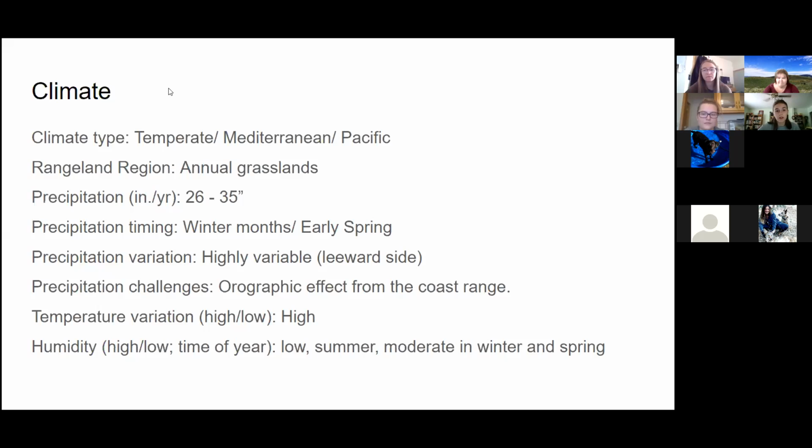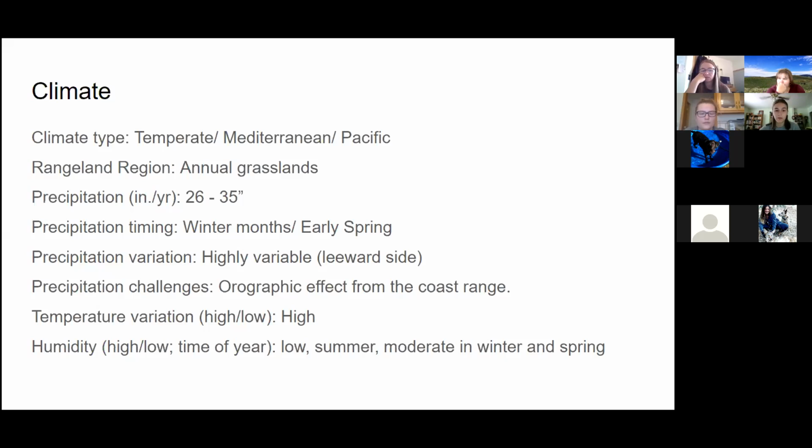So for our climate, the climate type is a temperate, kind of Mediterranean or Pacific climate. It gets a lot of annual grass. It's an annual grasslands. It gets between 26 to 35 inches of rain a year. When it usually rains is in the winter months and early spring.